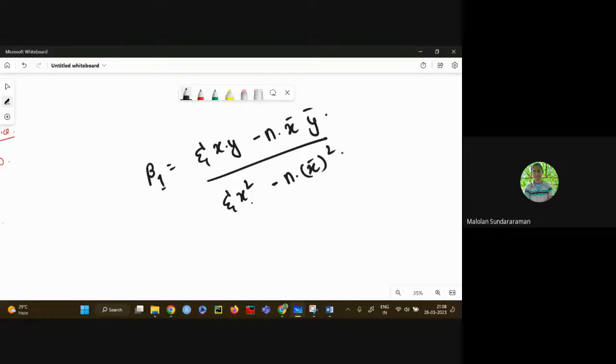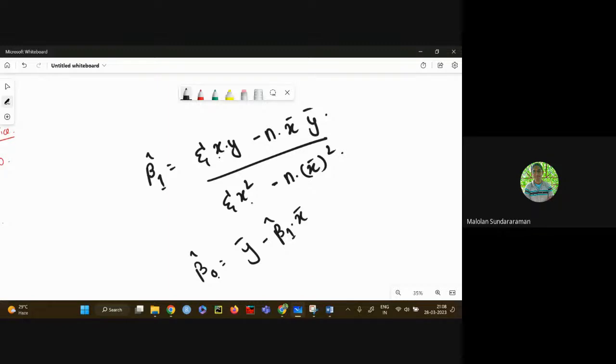This is basically the ordinary least squares, OLS, estimate for beta 1. And beta 0 would be y bar minus beta 1 into x bar. Basically, I'll put hats on them. So this will give you the beta 1 coefficient, and this will give you the beta 0 coefficient for a given set of x and y's.